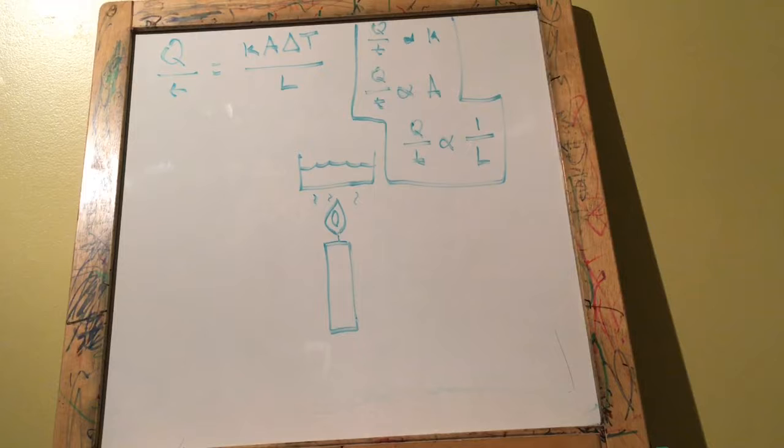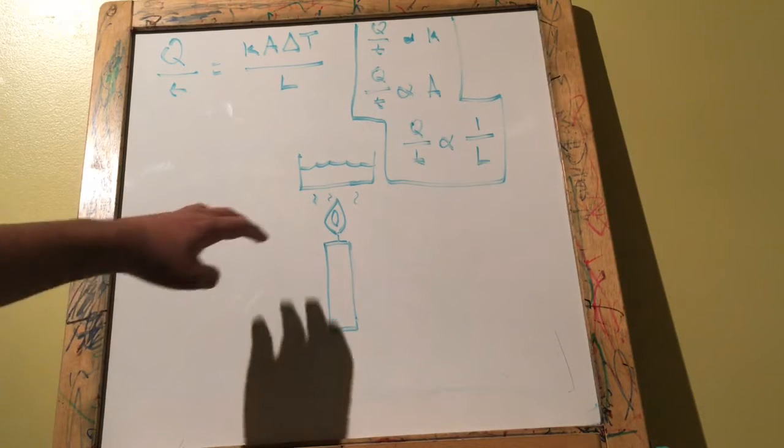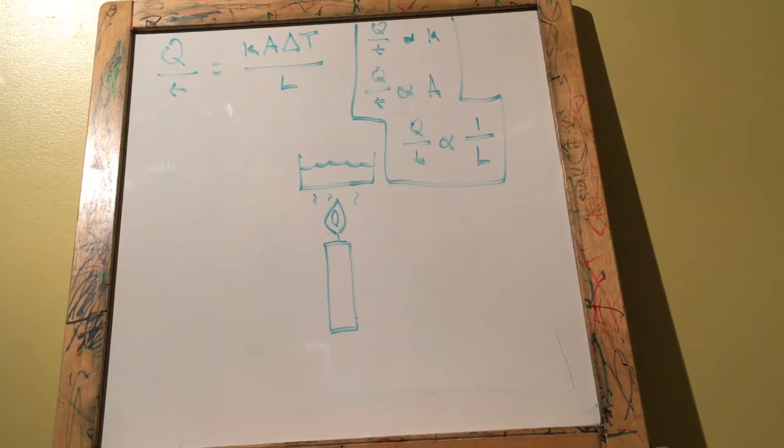Now, some factors that would affect heat transfer could be the distance between the engine and the flame. Looking at the equation, some other factors that could affect heat transfer are the cross-sectional area of what's being heated and the thickness of the metal of the engine.